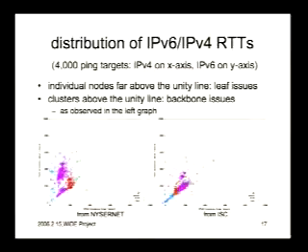If the IPv6 RTT is similar to IPv4, nodes are plotted around the unity line, but if individual nodes are plotted far above the unity line, it basically means deep issues. And if there is a cluster off the unity line, there are some problems in the backbone. So in this left graph, there are lots of nodes plotted above the unity line, so there must be some problem in the backbone.